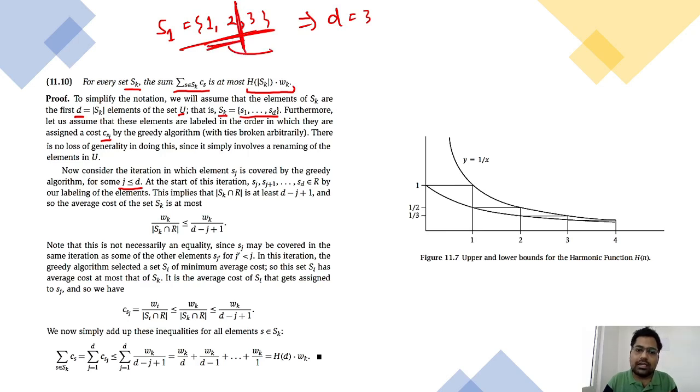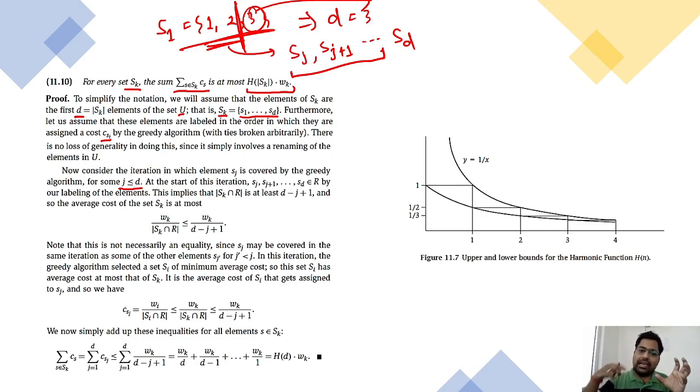So I must say it is s j, then s j plus 1 up to s d. Why? Because this one is completely d. So up to this we want to focus, to find whether the cost assigned to each element I have picked is h of s k into w of k or not.